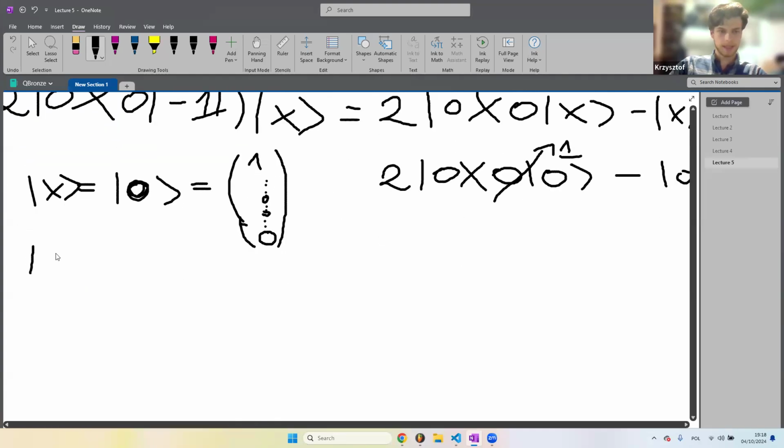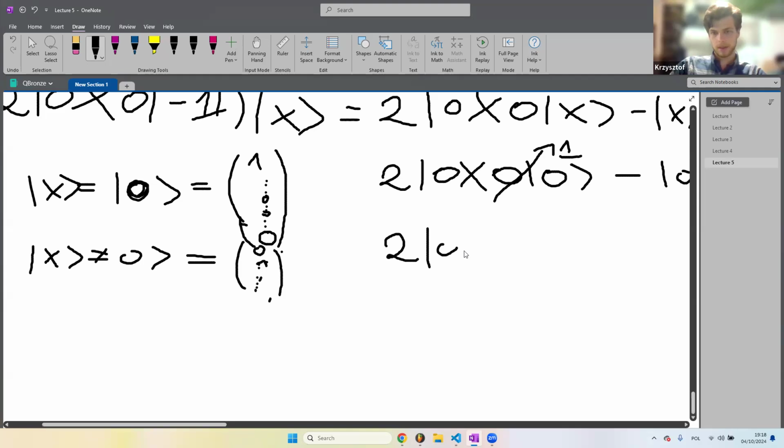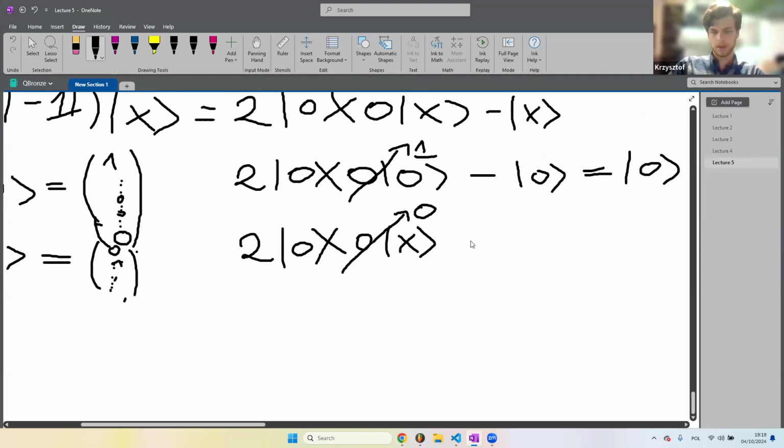But if x is somewhere different than 0, so it'd be any state where you have 1 here or 1 here, doesn't matter, somewhere in between, then by the orthogonality and orthonormality of the states, we have that this is 0 minus the state x.